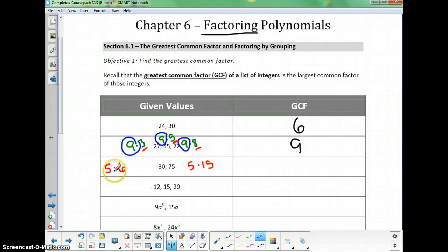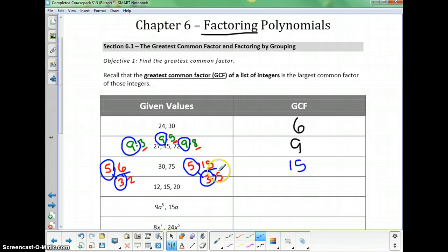Alright, now the 5 is in common, but that's not enough. It's not enough because there is a number that goes into both 6 and 15. That number is 3. So that tells me if I break my 6 down into 3 times 2, my 15 down into 3 times 5, they're also going to have the 3's in common. So the greatest common factor is 15.